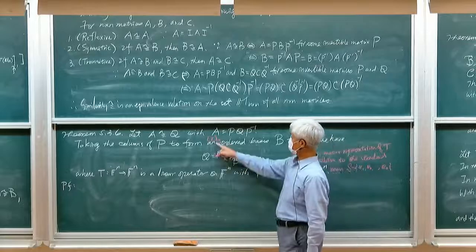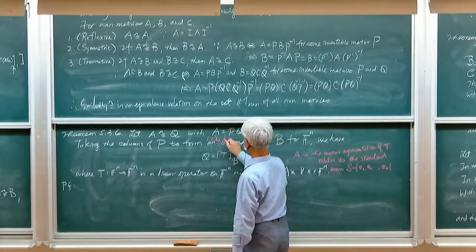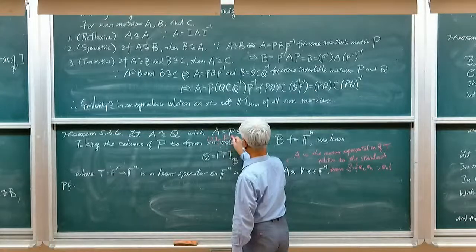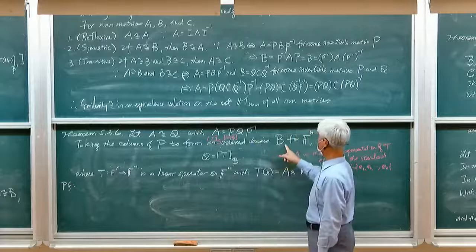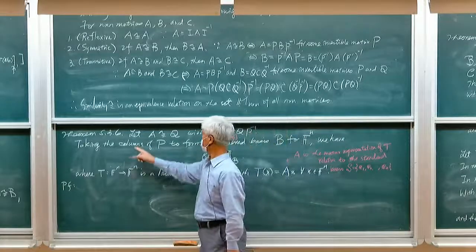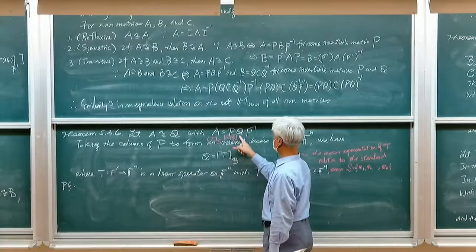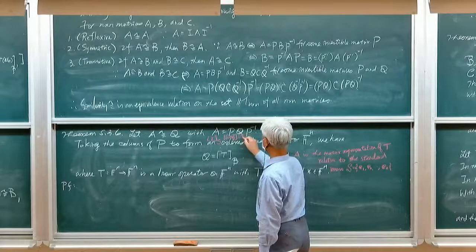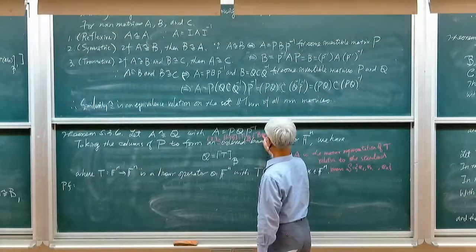So A is relative to the standard basis, and P becomes the new basis. The basis is obtained by taking the columns of P, and Q is T relative to B, and here is the standard basis.